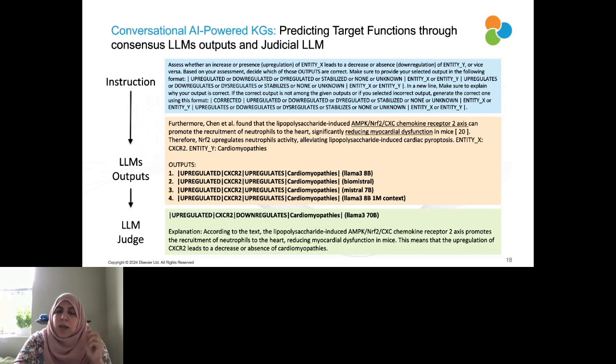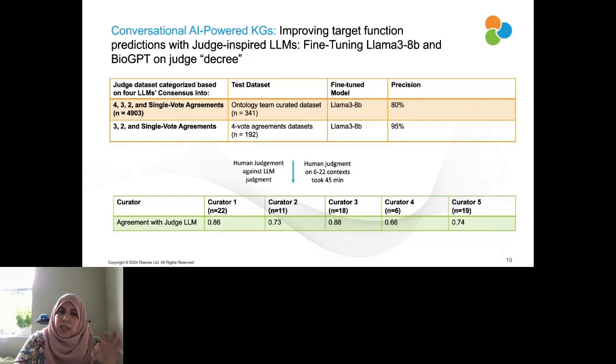And I use the judge model to assess these outputs and decide which output is the right one. And then I've used this judge data set to train or fine-tune other models. And you can see that the precision is between 80 to 95%. I've tried also to compare the large language model as a judge with the human judge. And you can see that the human judge really aligned with the large language model.